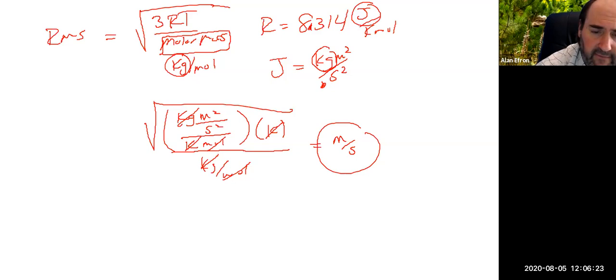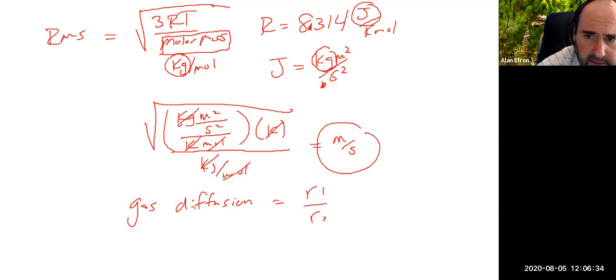And there is a formula that goes with gas diffusion, which is rate 1 over rate 2 equals the square root of M2 over M1.